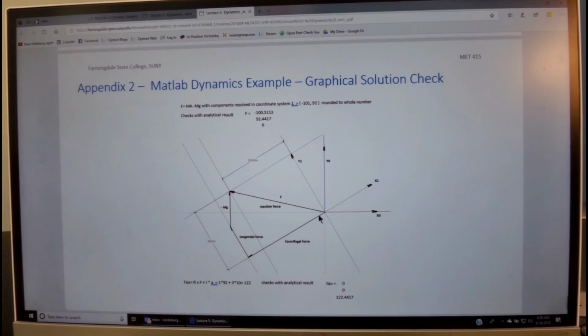And then in the y direction, it is over here 92 positive, and that's what we found out in MATLAB, 92.4. So this concludes our discussion of the dynamic analysis of robots, and we will have more exercises, tutorials, and also lab experiments related to it. Thank you.